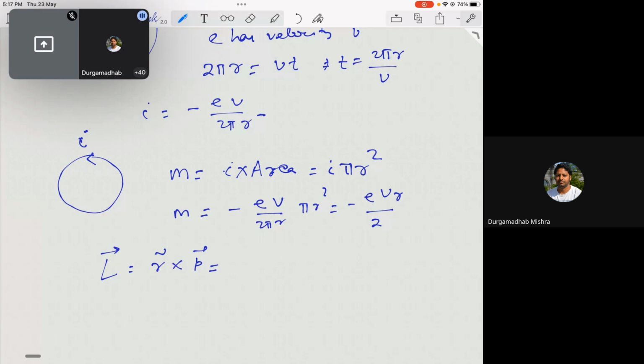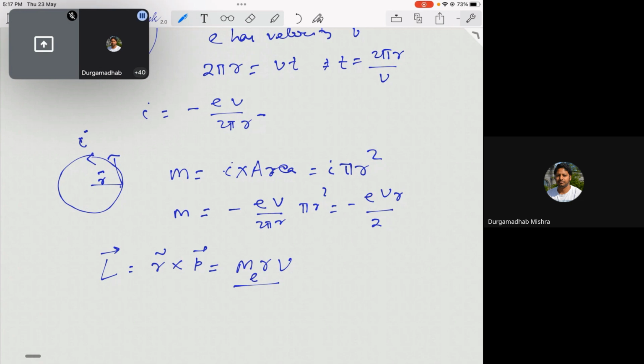In this circular orbit, we can say this is equal to m_e, the mass of the electron, r into v, simply. The momentum is m_e v, and the velocity is always perpendicular to the r vector. So for r cross p the angle will always be 90 degrees, so this is simply m_e r v.